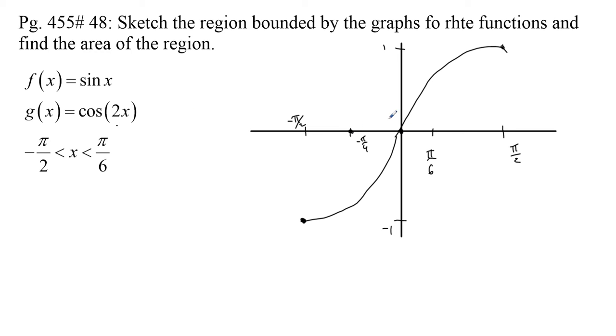And then at 0, the cosine of 0 is 1. And then at pi over 6, where we're going to end, because they tell us that, pi over 6 times 2 is pi over 3. The cosine of pi over 3 is actually 1/2.